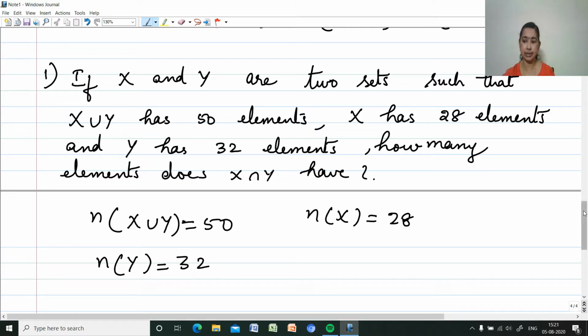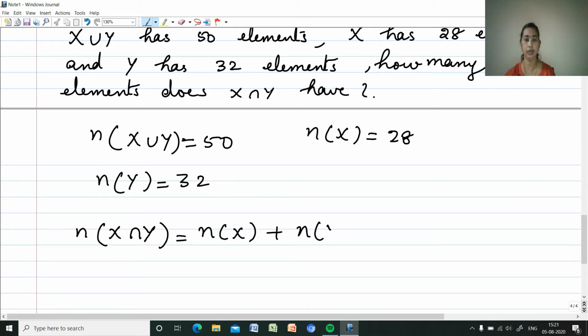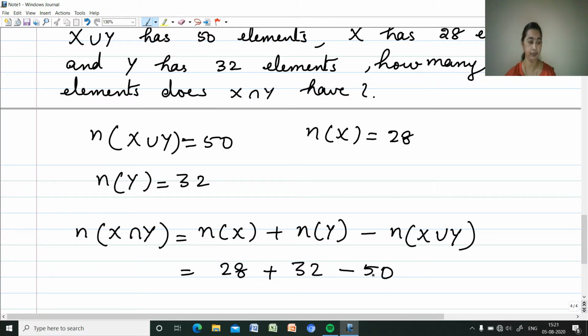How many elements does X intersection Y have? n of X intersection Y is equal to n of X plus n of Y minus n of X union Y, that is 28 plus 32 minus 50. Simplifying this, we get 10.